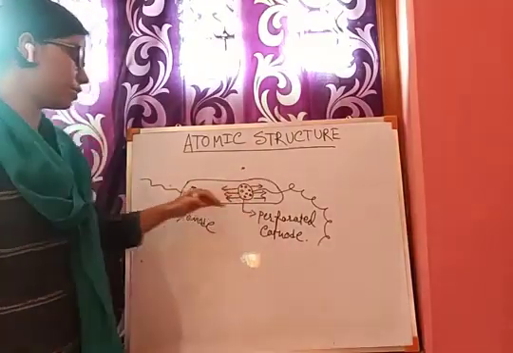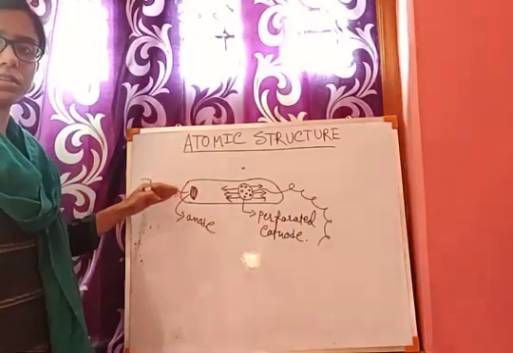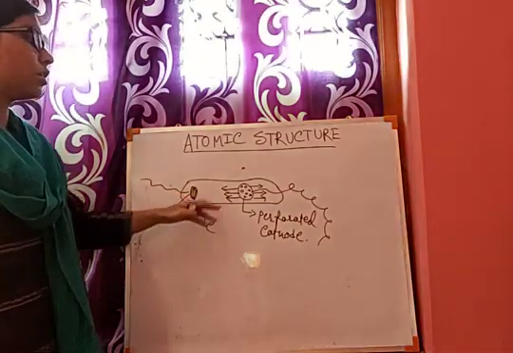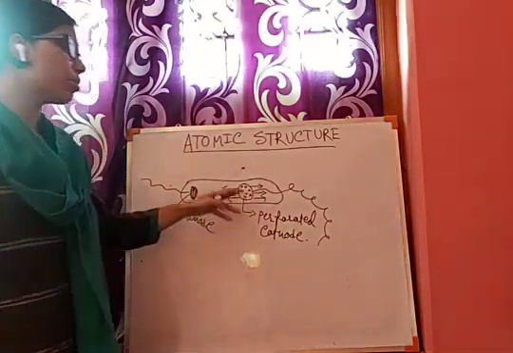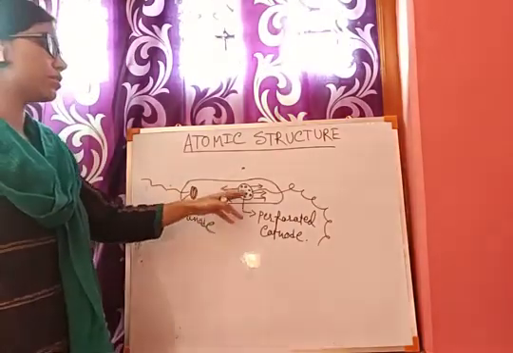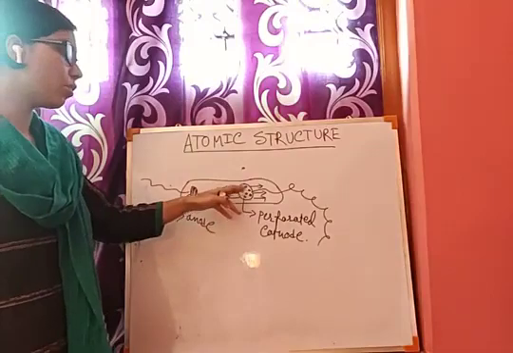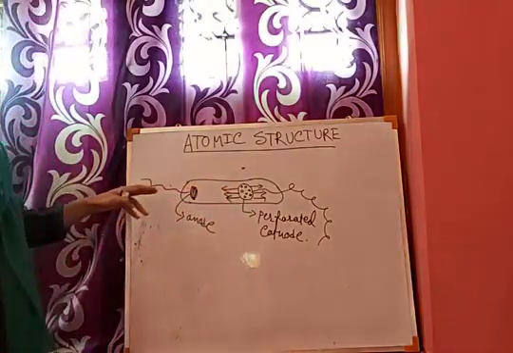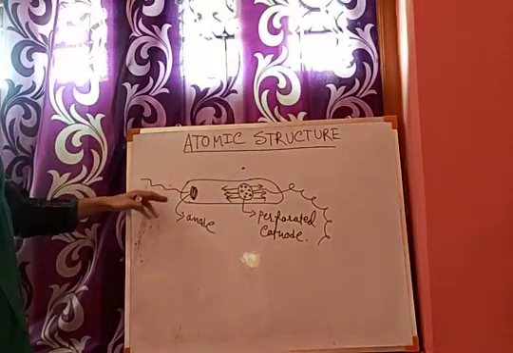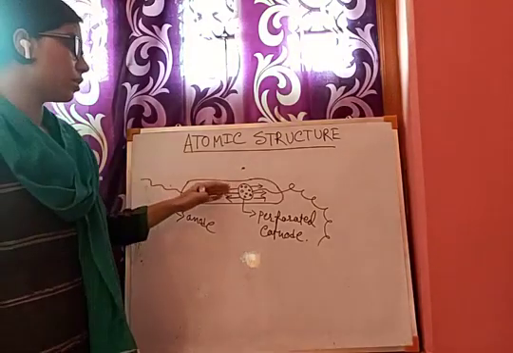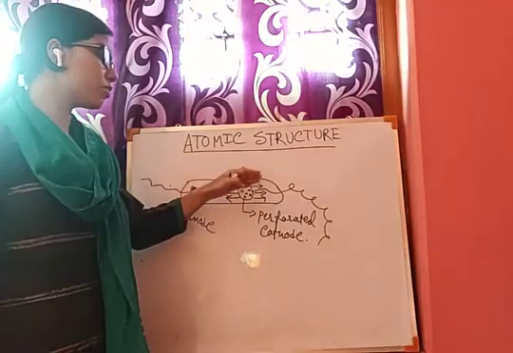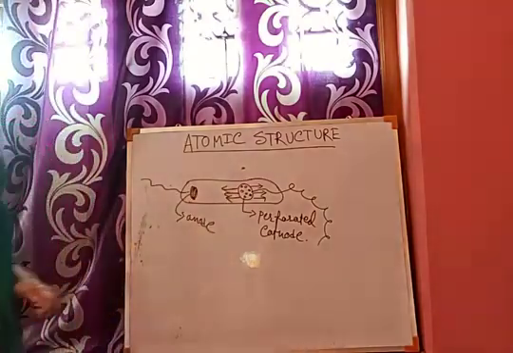These rays are found when Goldstein took this perforated cathode. Perforated cathode means containing holes, and it was found that from the anode to the cathode, there are some rays going in the opposite direction to that of the cathode rays.